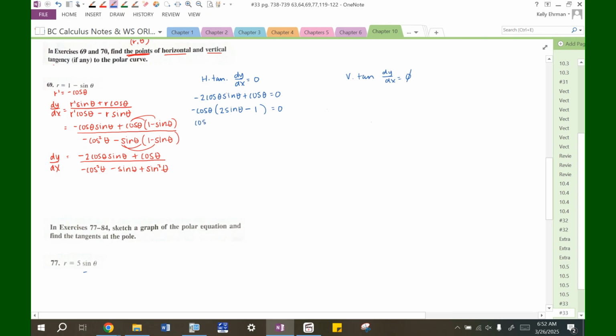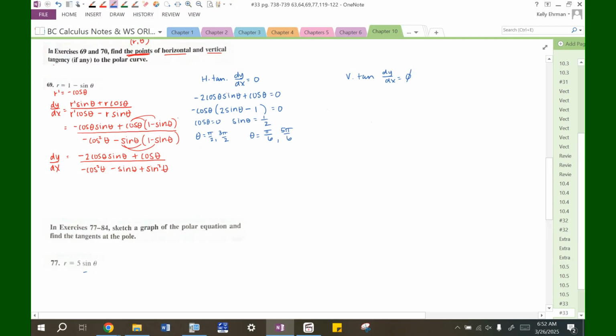You're getting that cosine theta could equal 0 or sine theta could equal 1/2. Answer these just within 1 unit circle. So cosine theta equals 0 if theta equals pi over 2 or 3 pi over 2. And sine theta equals 1/2 in quadrants 1 and 2, it's positive. And the reference angle is pi over 6. So pi over 6 and 5 pi over 6.